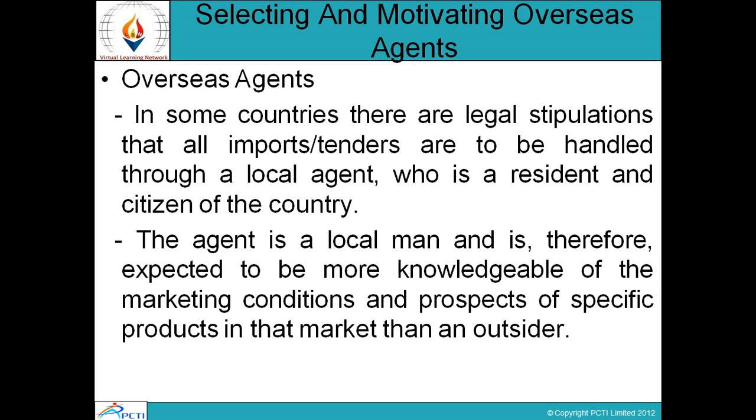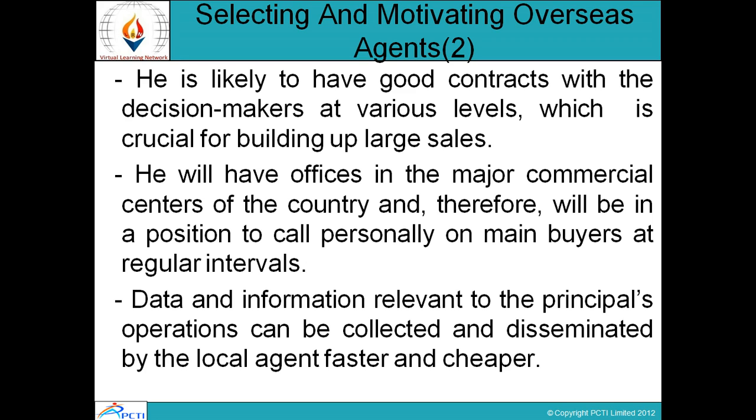So the first is, in some countries there are legal stipulations that all import or tenders are to be handled through local agents. Another is, the agent here is a local man and is therefore expected to be more knowledgeable. He is also likely to have good contacts with the decision makers at various levels because he is situated locally.